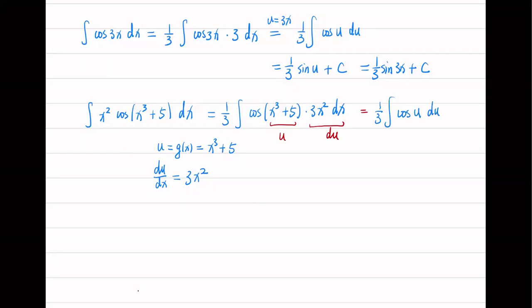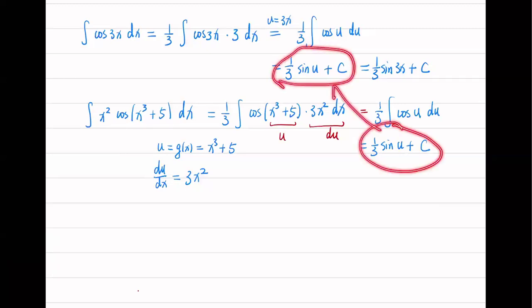Okay, Elisa, what's the integral of this one? Negative sine u plus c. Okay, so at this step it is exactly the same as what we had before. However, when we switch back to x, we have a different x.